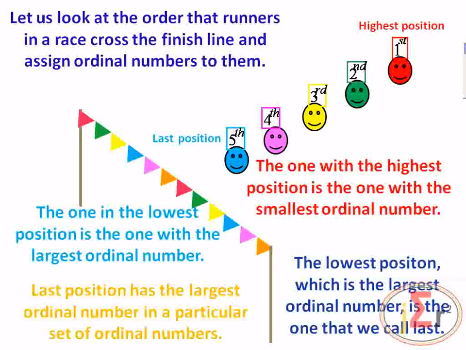Last position has the largest ordinal number in a particular set of ordinal numbers. So do not believe that if someone comes 5th in a race, that the person is last. No, if there are others in the race, the one with the largest ordinal number is the one who is last.